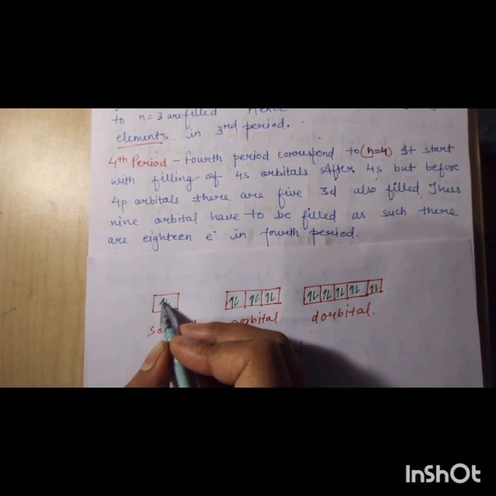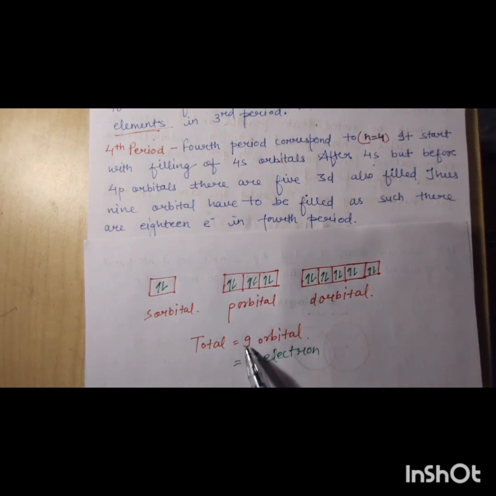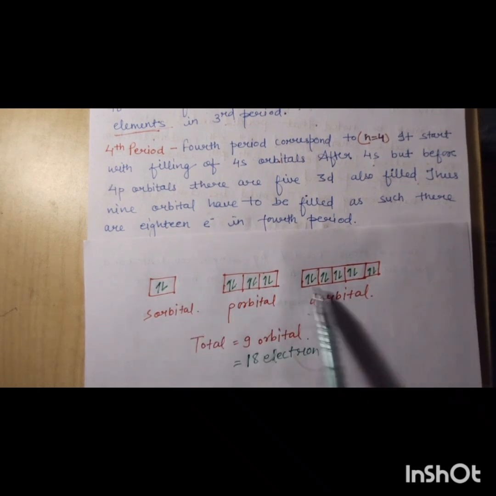So this is how the electrons are filled, and the total electrons is just double: 2, 6, 10, that is 18 electrons. So you can say this statement is justified: the total electrons involved in the period is twice the number of orbitals. This is how the electrons are filled in the orbitals.